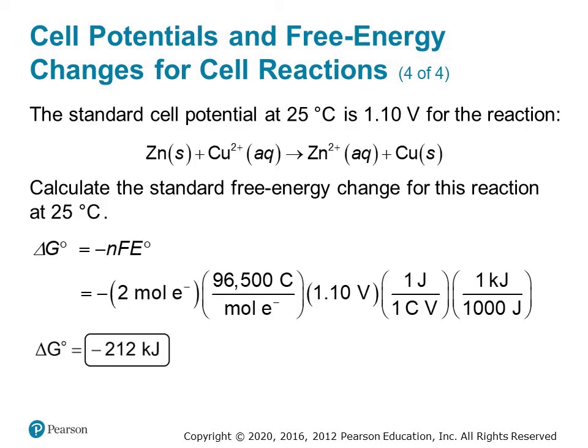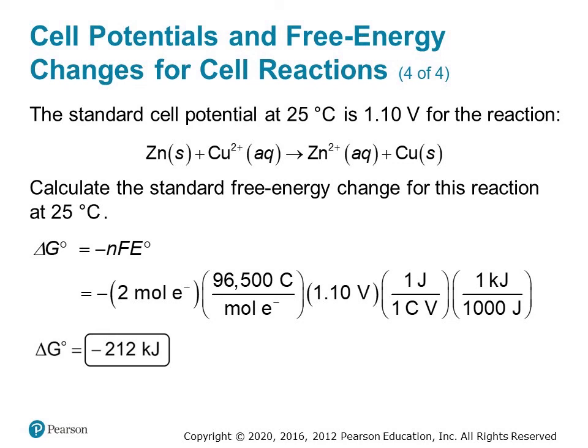For example, if we go back to our zinc-copper cell, if we know that its standard cell potential is 1.10 volts, we can find its delta G standard value by plugging in N, F, and the provided value for E standard. N is equal to 2 moles of electrons, the number of electrons that canceled out when we added the reduction and oxidation half reactions together.